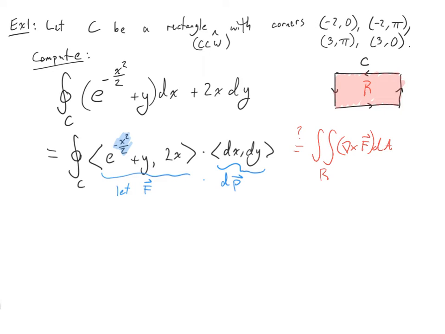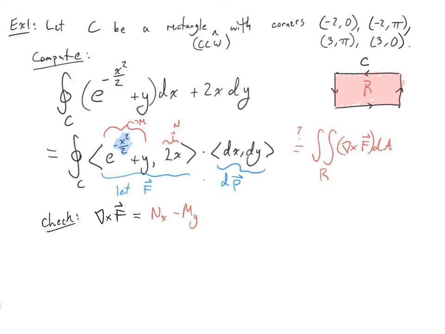So the one thing we really have to do is check what the scalar curl is. Because this is in 2 dimensions, I can use my formula, N_x minus M_y, where this is N and this is M, so I don't have to do a big cross product, just a 2-dimensional one.